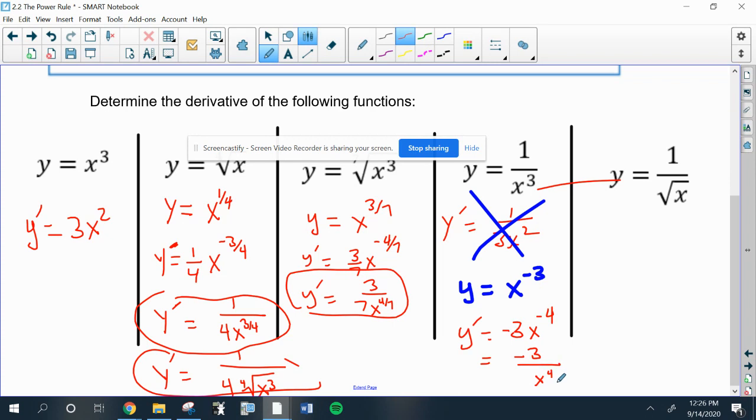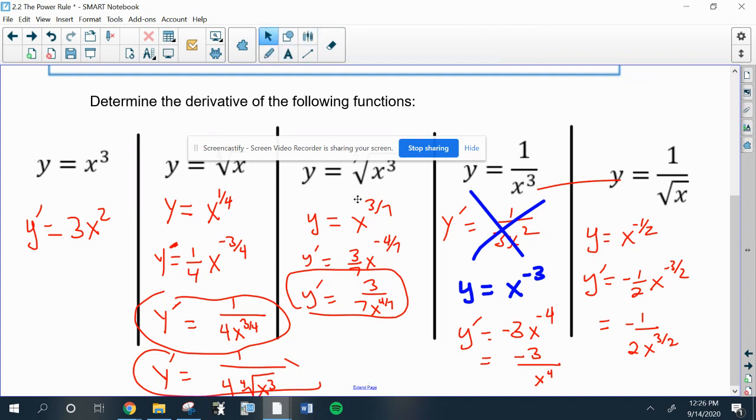So the next one is going to be very similar. So for the last one, you're going to rewrite, apply the power rule, negative 1/2 x to the negative 3/2, simplify, and there you go.